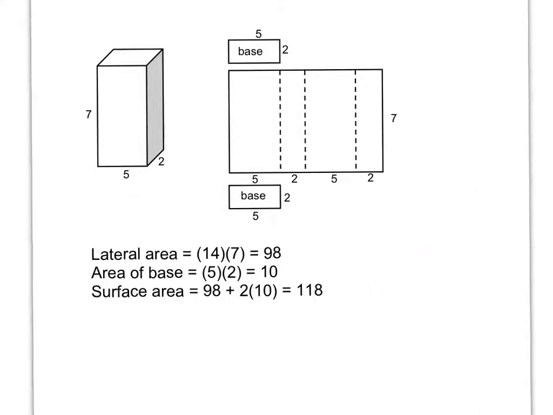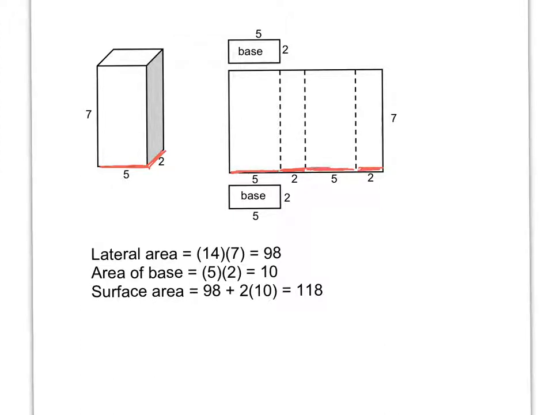So here's an example of a rectangular prism. Notice that I've taken it apart so that you can see the two bases and the lateral surface area if it's been folded out. So these numbers here, this 5, comes from this 5, and then there's a 2, that's this value, and then the back would be another 5, and the other side would be 2.